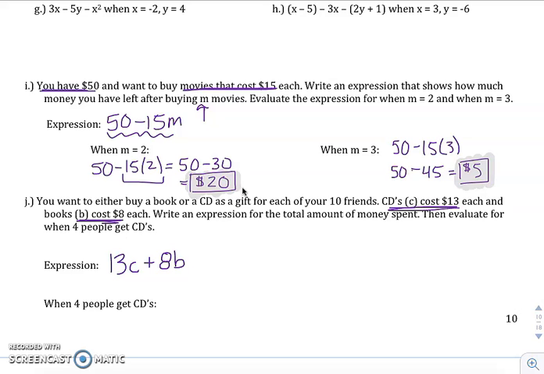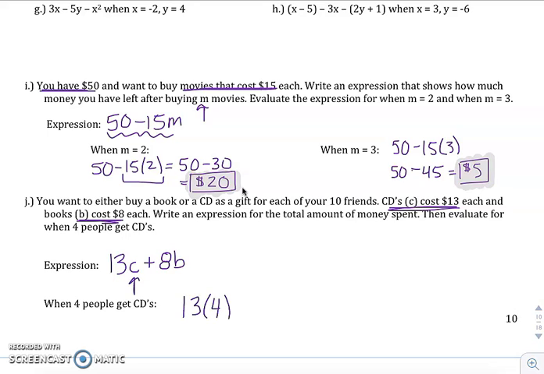It says you're buying gifts for 10 of your friends. So how much money would you spend if 4 friends got CDs? So I know 13 times 4.